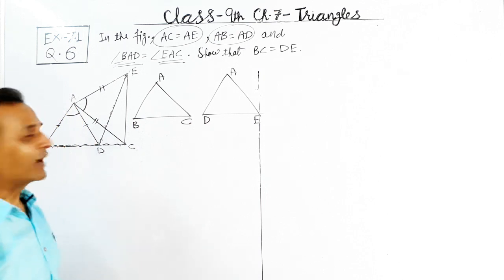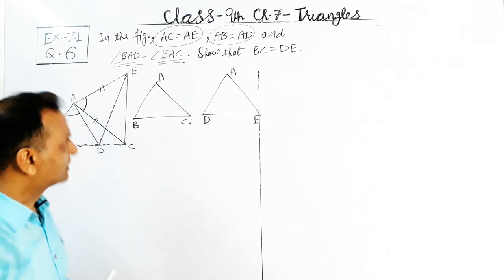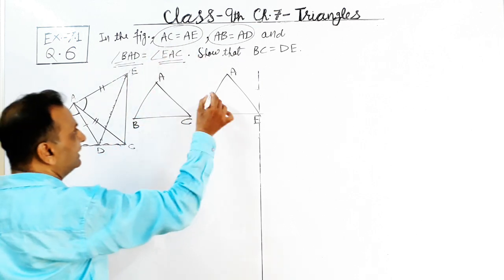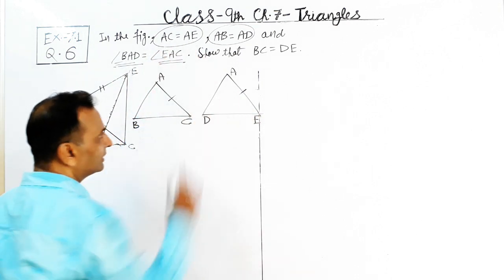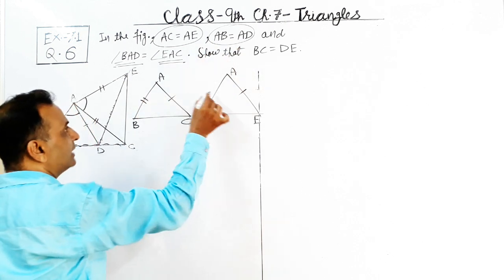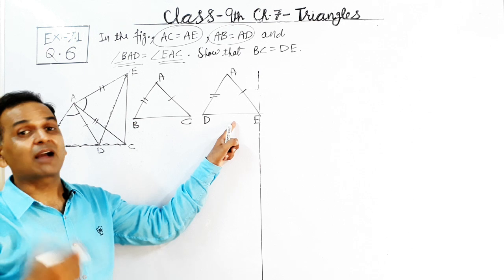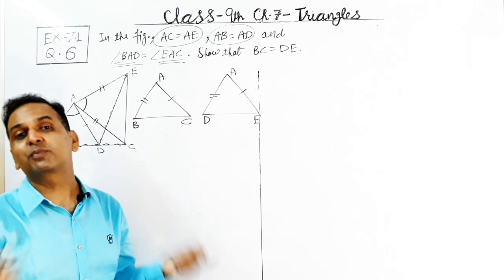In these triangles, which sides or angles are equal? Let us check. AC and AE are equal. Next, AB equals AD, they are also equal. BC and DE can't be assumed equal because that is to be proved by us.